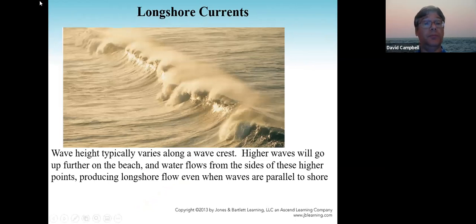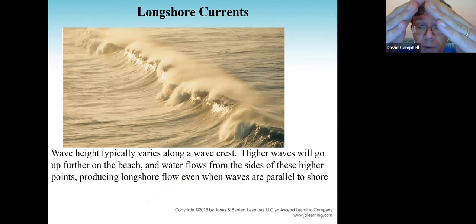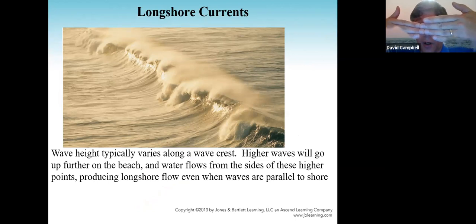Also, as we go along a wave, it's almost never perfectly the same all the way across. We have higher and lower spots. Where a wave washes up higher, we get water draining sideways towards places where the wave wasn't so high. So there's some longshore flow that's going to happen even if our wave were perfectly straight on relative to the beach.